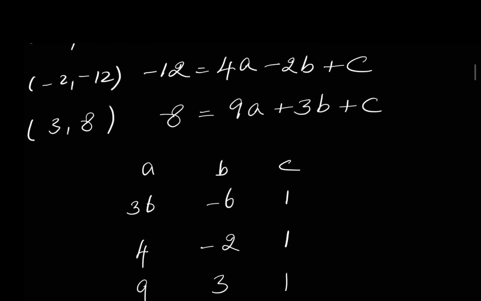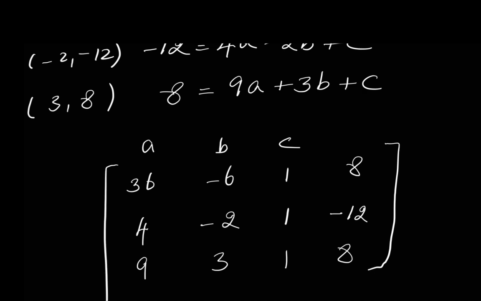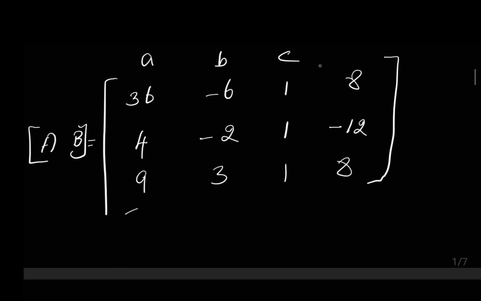See, what about the constant here? 8, minus 12, 8. So this is the augmented matrix. So this is your A matrix and this is your B matrix.